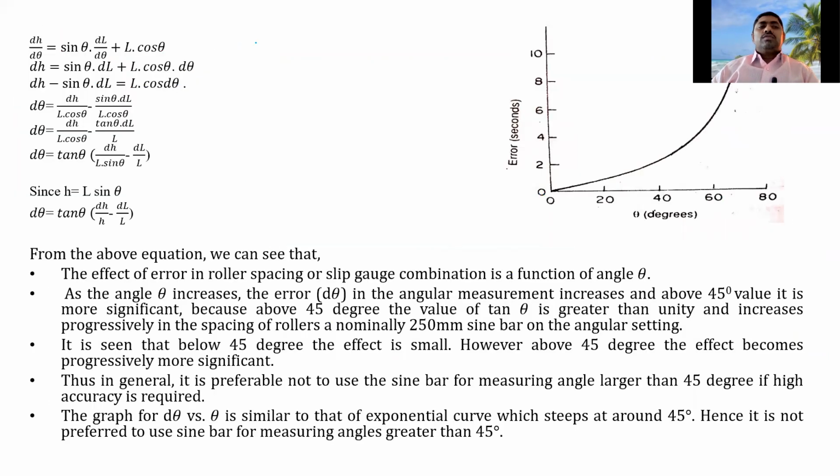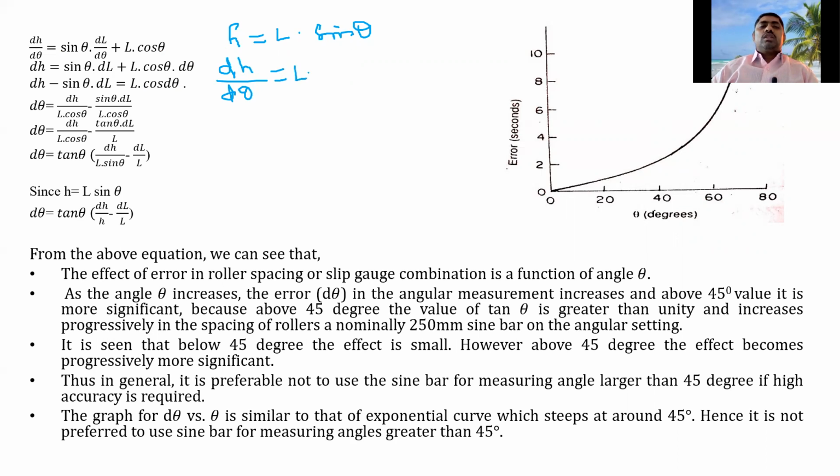So as you know, H is equal to L into sine theta. If we differentiate this with respect to theta, you will get dH by d theta, so you do the partial differentiation.